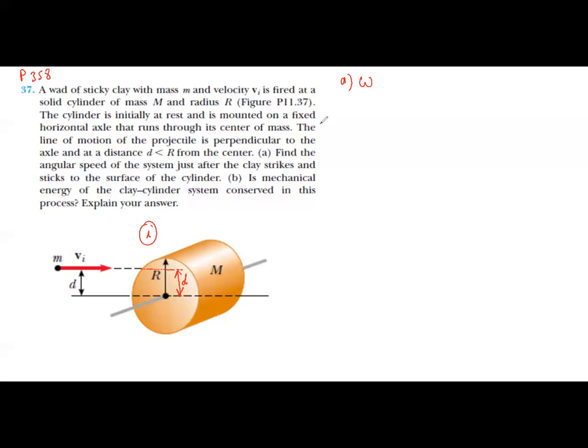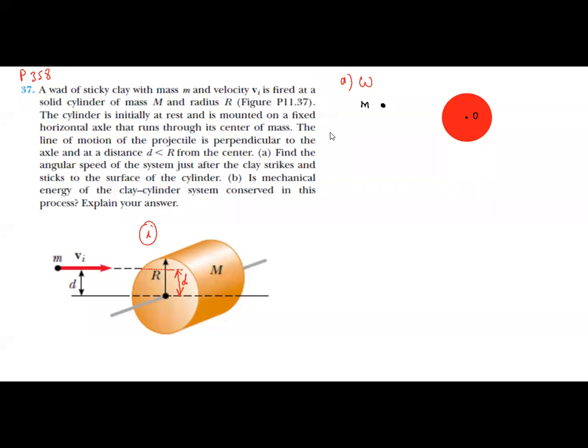Let's say at the initial state, we have this configuration. Here we have the cylinder. Here we have the axis at the center of the object. I take the lateral view of the system. And here we have the mass m.